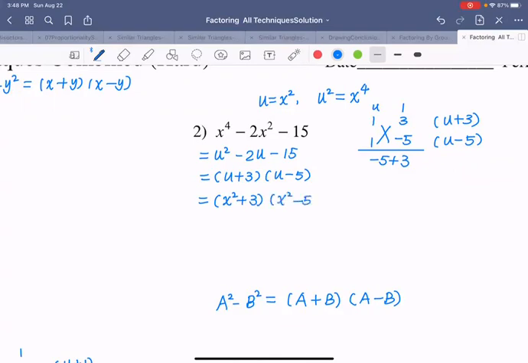This method is called U sub. U substitution is a critically important technique. You are going to use this U substitution a lot in Algebra 2, pre-calculus, and also calculus AB and calculus BC.